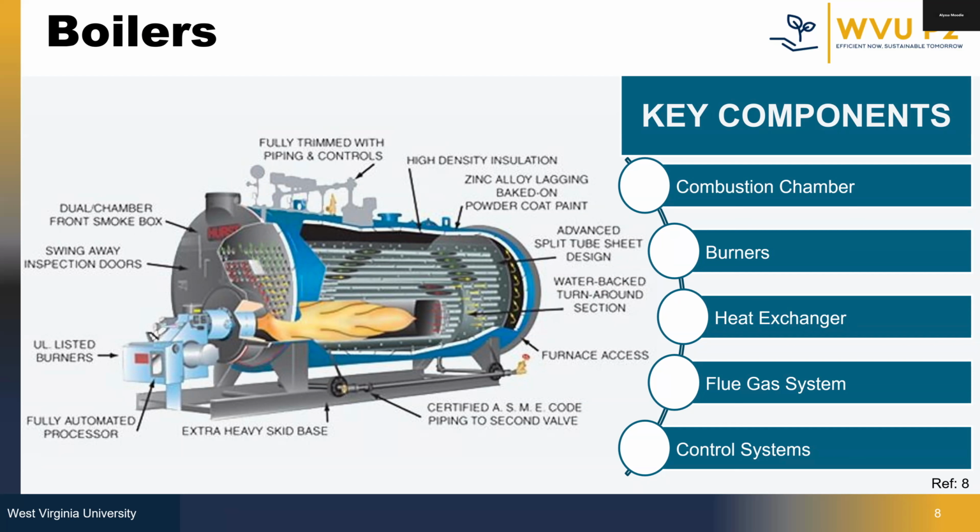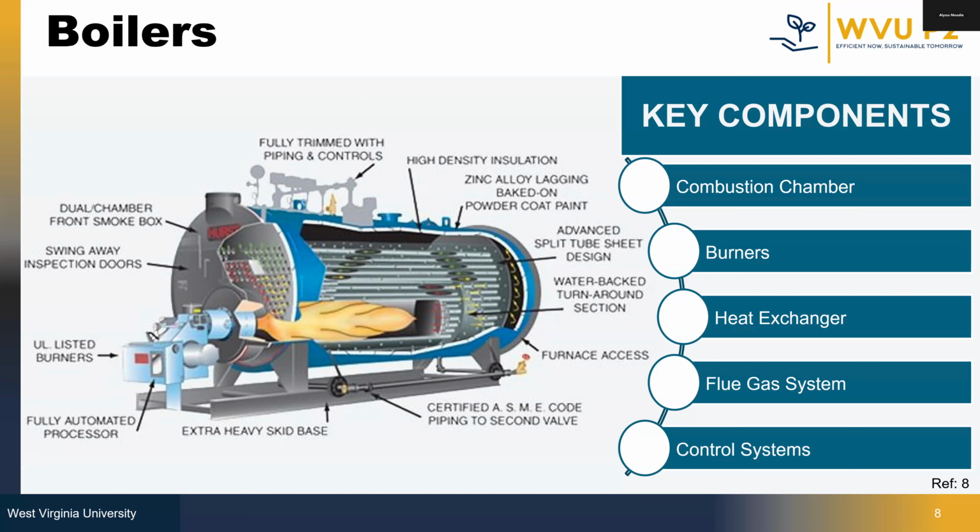The heat that is generated then moves through a heat exchanger where water is heated to either hot water or steam, or a heat transfer fluid is heated. The flue gas system carries away the exhaust heat, and a control system, especially in more modern units, keeps the boiler running safely and efficiently.